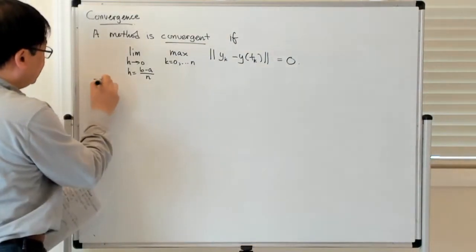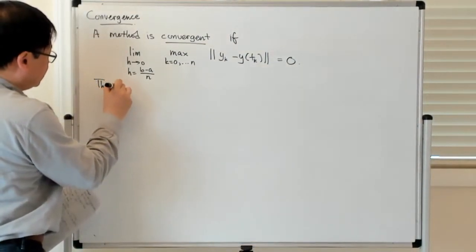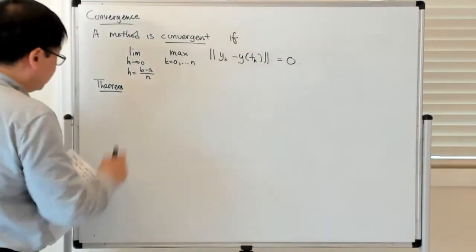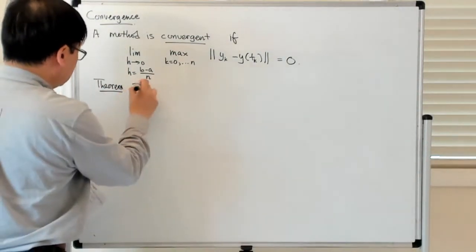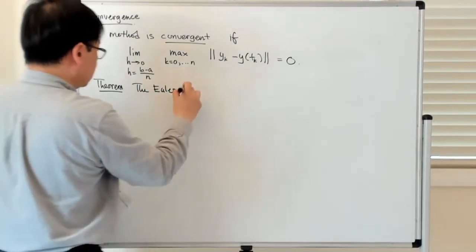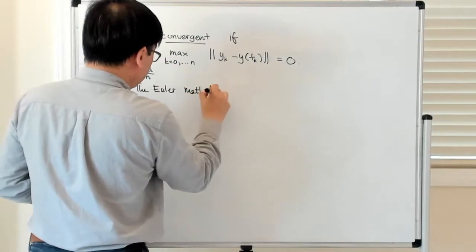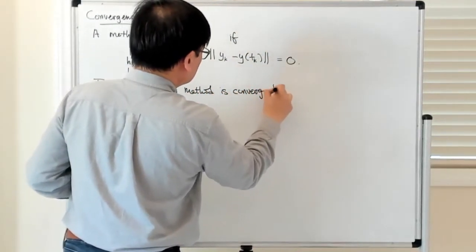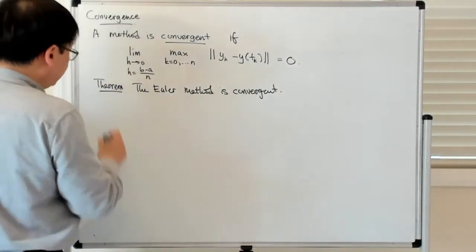With that in mind, the claim is the following. The theorem is that the Euler method is convergent. Okay, so let's try to prove that.